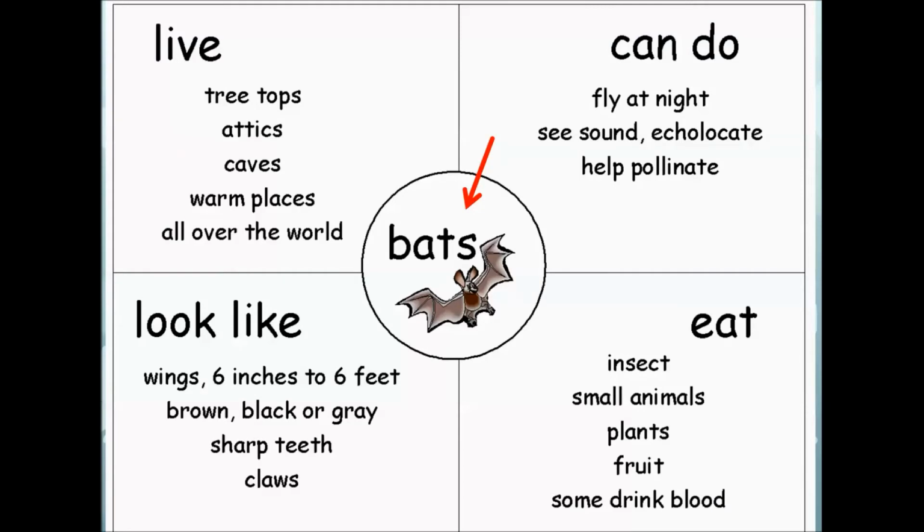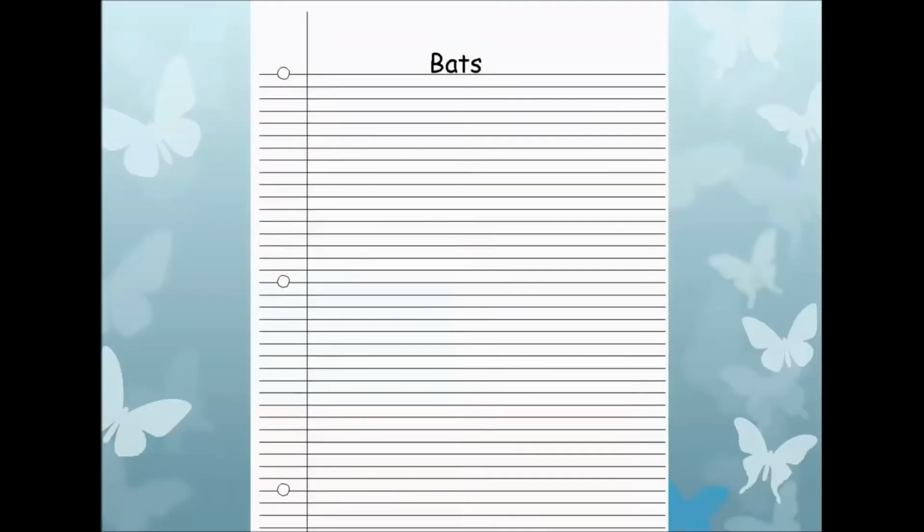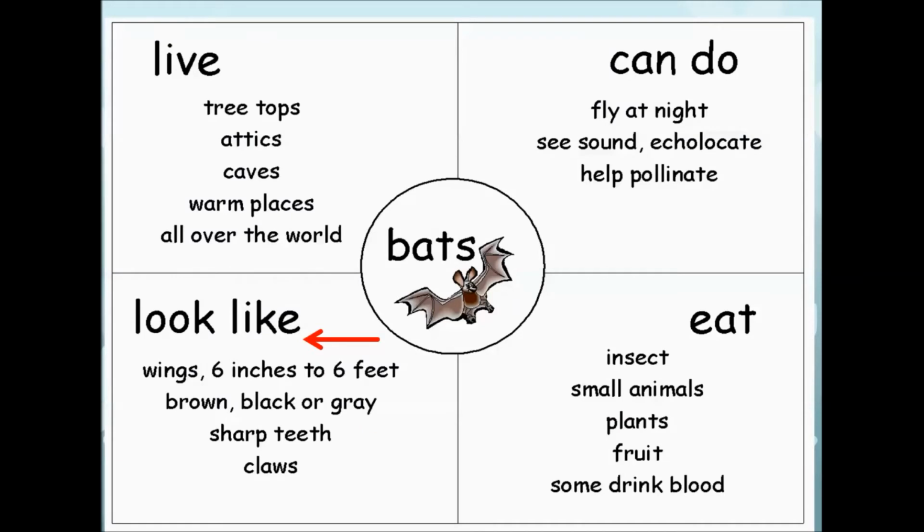First, let's start with the title of our paper, Bats. So here's how my paper would look with the title, Bats. Now it's time to put my information into sentences.